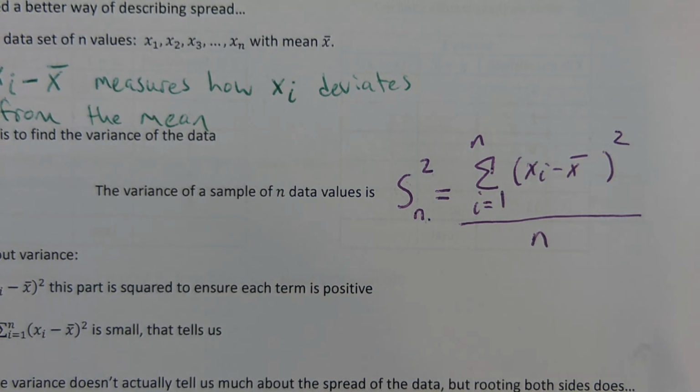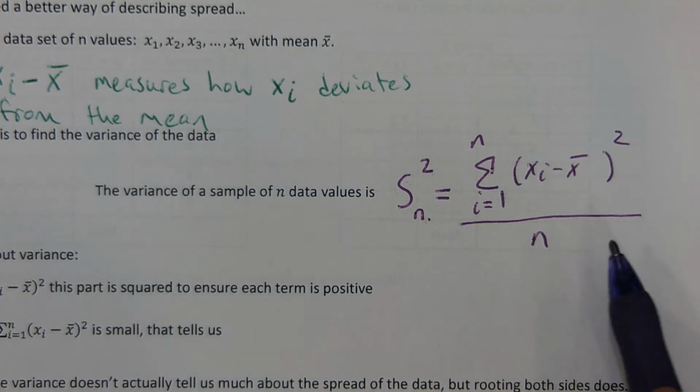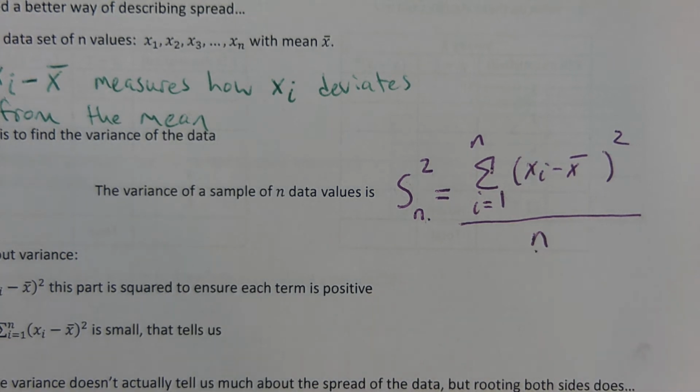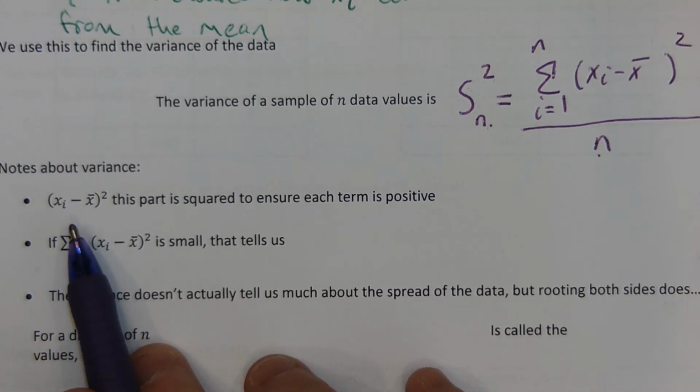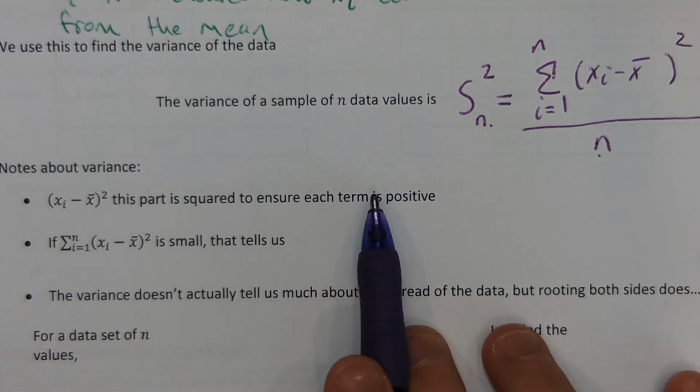If you want to talk about the variance, it's almost like the average of the average distances from the mean, if you want to think of it like that, because you are dividing by the number of terms. So xi minus x bar is squared. That way we know that everything is positive.